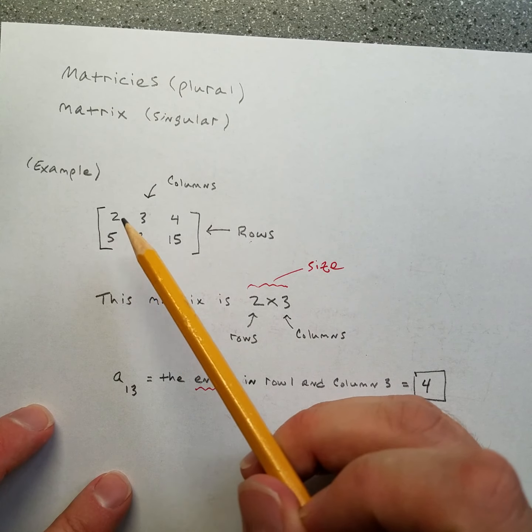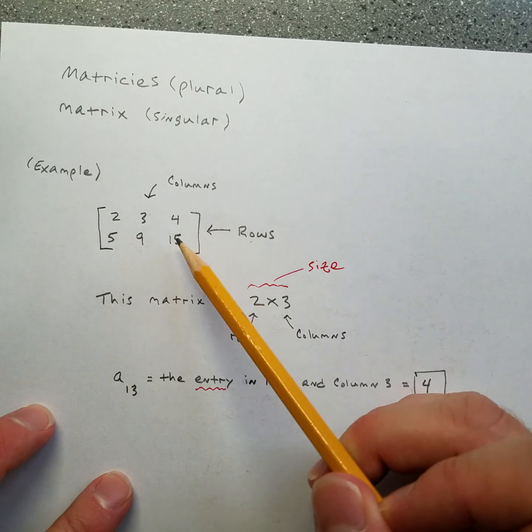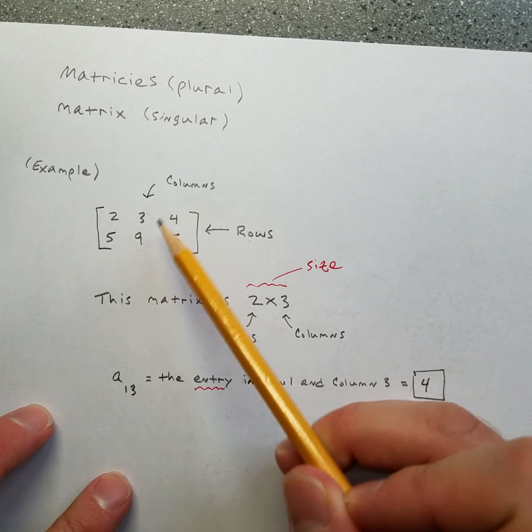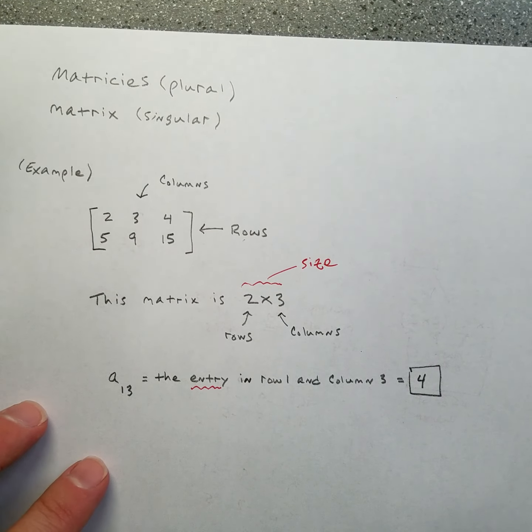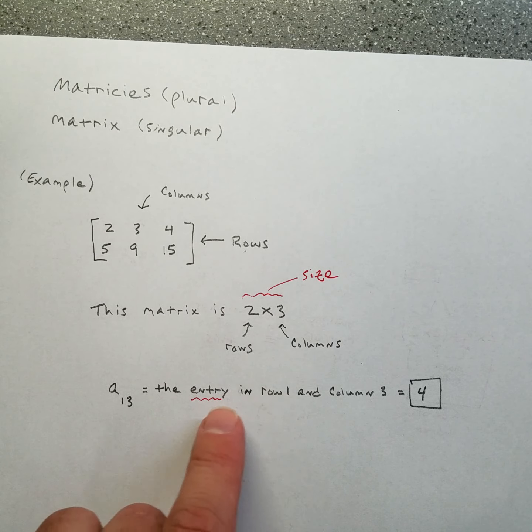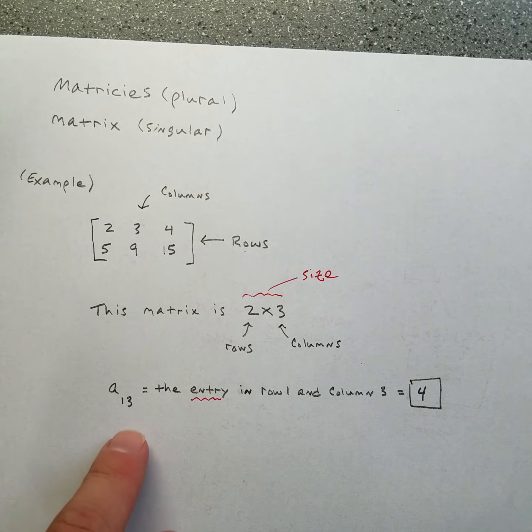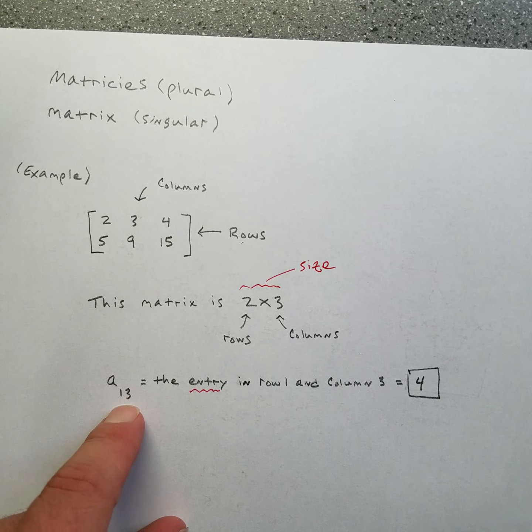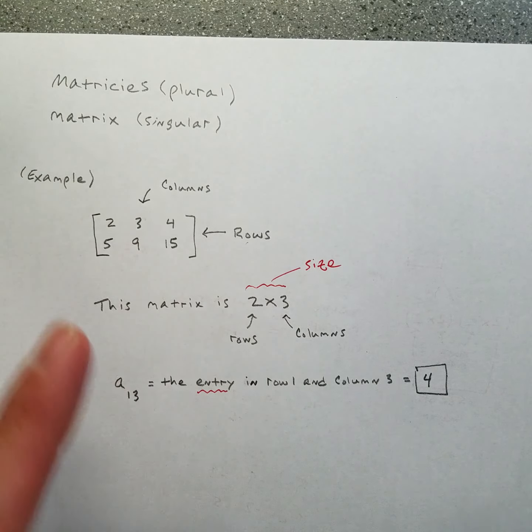So you look at this and say, there's row 1, there's column 3, and what's the number in row 1 and column 3? It's a 4. So we have a matrix with a certain size, and if we're interested in a particular number in it, we might call forth that number like this. None of that's hard, you just have to get used to how it's done.